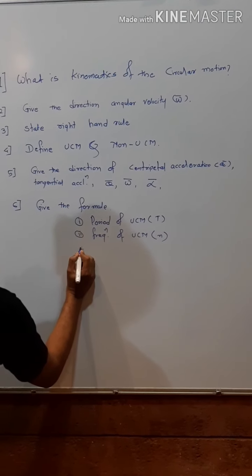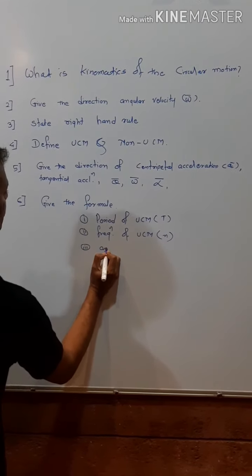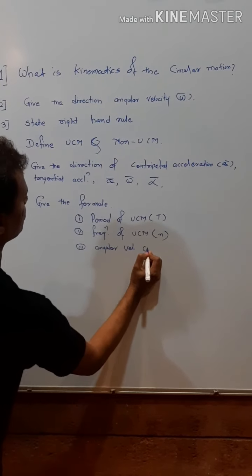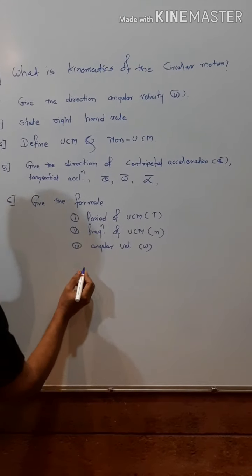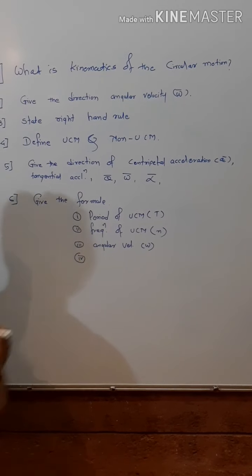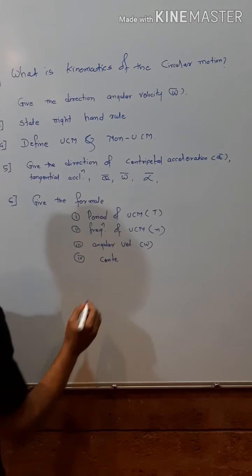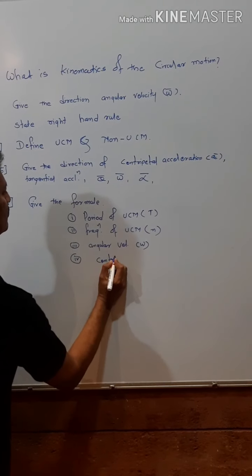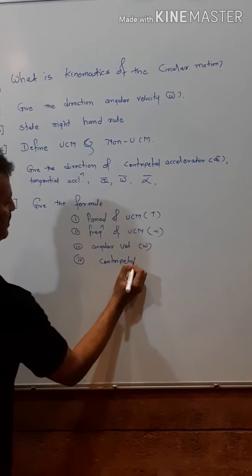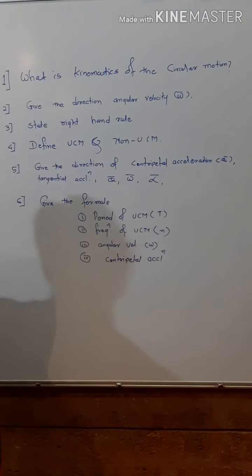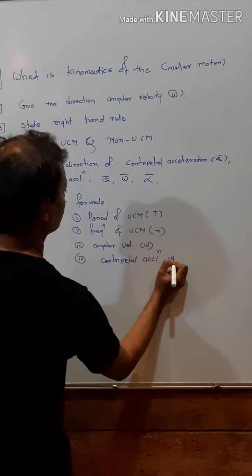Third is angular velocity omega. Fourth is centripetal acceleration. Centripetal acceleration in different forms.